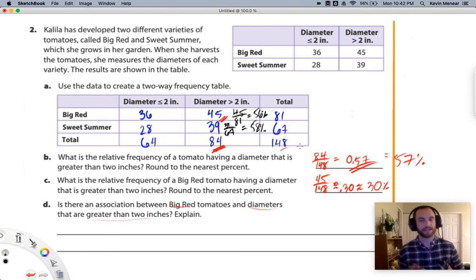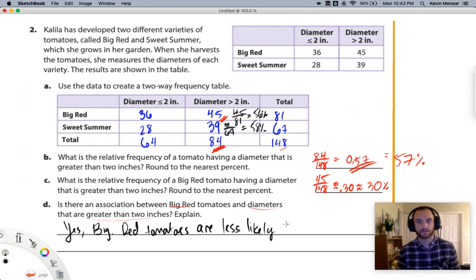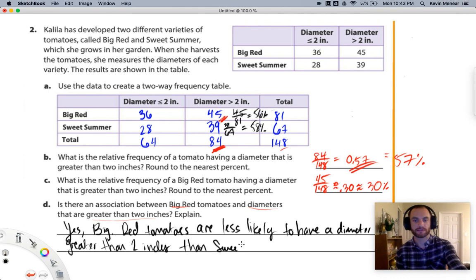Okay. But with that being said, if you want to be super stickler about it and say, if this is the only data I've got, well, technically speaking, it says that yes, it is more likely, or I should say, to make it very clear, because it's asking specifically about big red tomatoes, I should say, yes, big red tomatoes are less likely to have a diameter greater than 2 inches than sweet summer tomatoes.